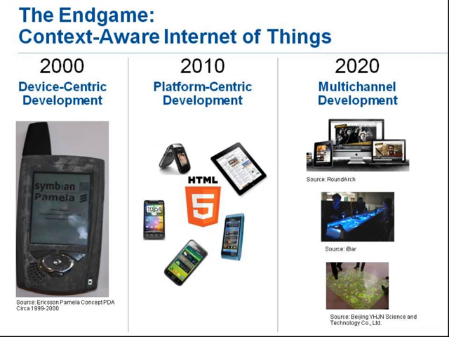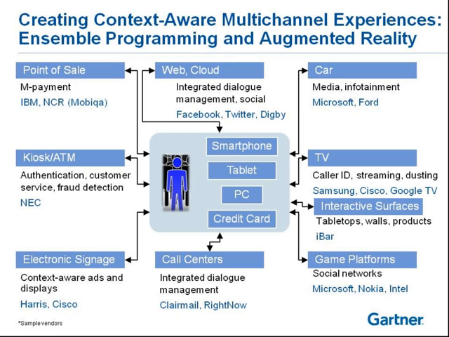These are the kinds of things that we're seeing that are getting developers to think outside the box, to think about how things can be connected in a context-aware way. Now, context-aware opportunities come in a lot of different forms. In this slide, we've looked at various kinds of objects that you run into: point-of-sale terminals, kiosks, automatic teller machines, electronic signage.